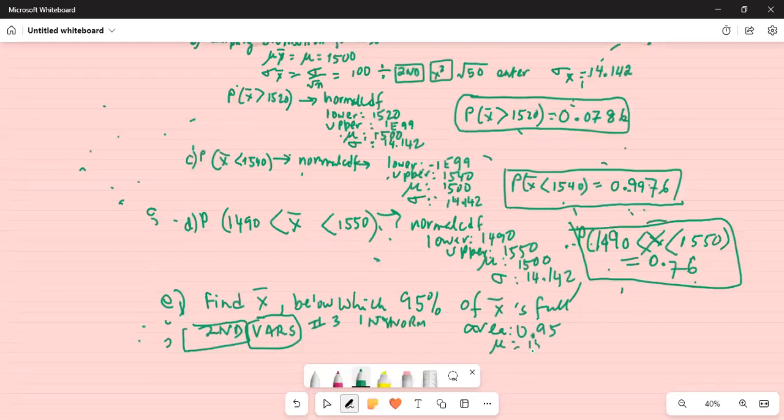Mu is 1500 and sigma is 14.142. Then I go to paste, enter and enter. The last step is to go to paste, and while you are on paste, you hit enter twice.